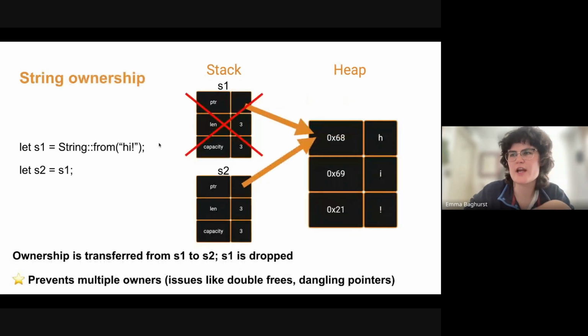Whereas if you're just transferring ownership, there is no copying. And as I said, this is because strings don't implement the copy trait. Instead they are managed by transferring ownership and dropping the variable that no longer owns the value.